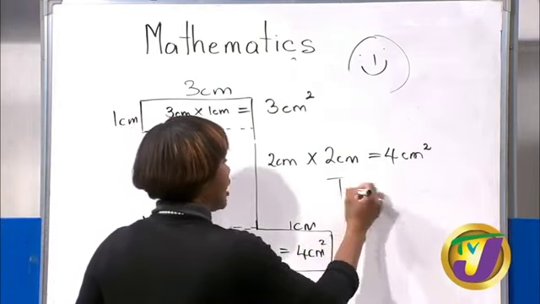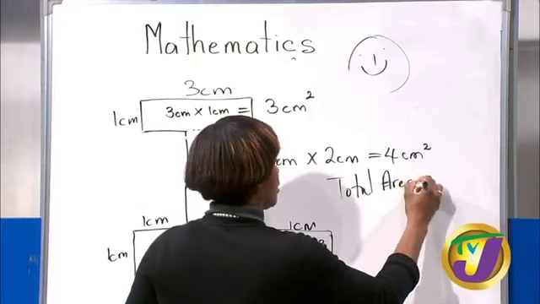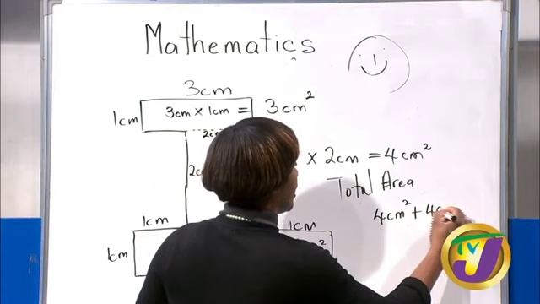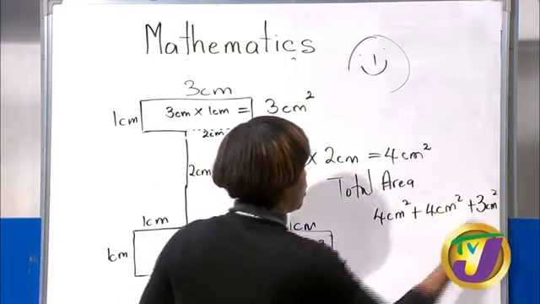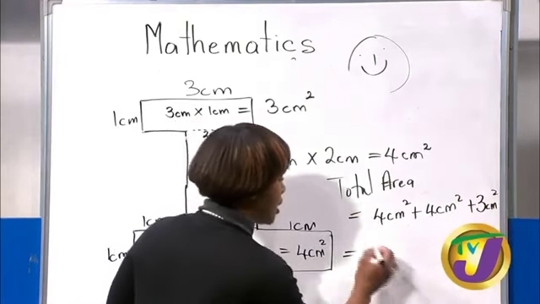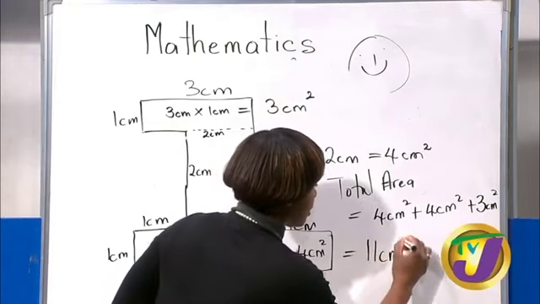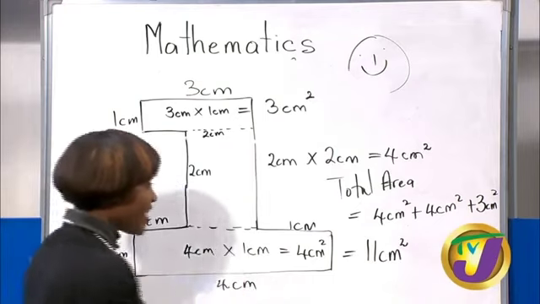So the total area there would be 4 plus 4 again, plus 3. Good. Let's add that up. 4 and 4 is 8. 8 and 3, what do we get? 11. That looks about right. So the total area of the base is 11 centimeters squared.